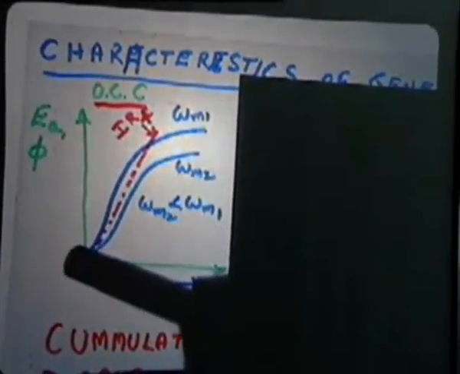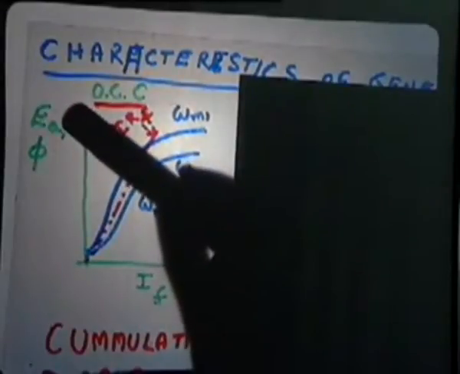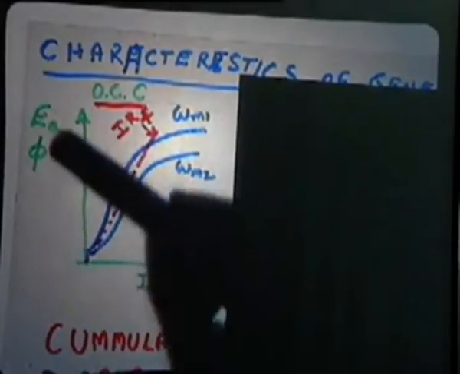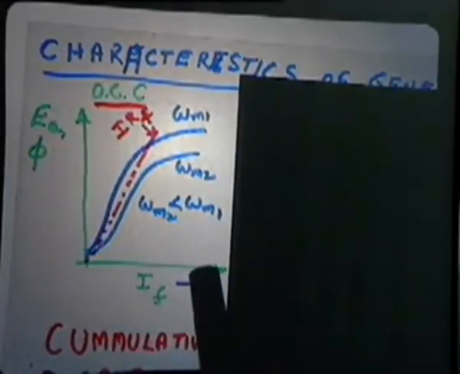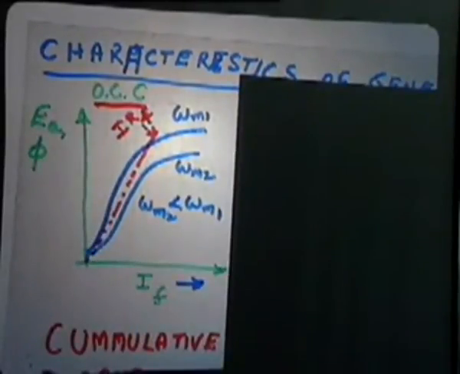Open circuit characteristics is basically a variation of the induced voltage, or what you call back EMF, versus the field current.